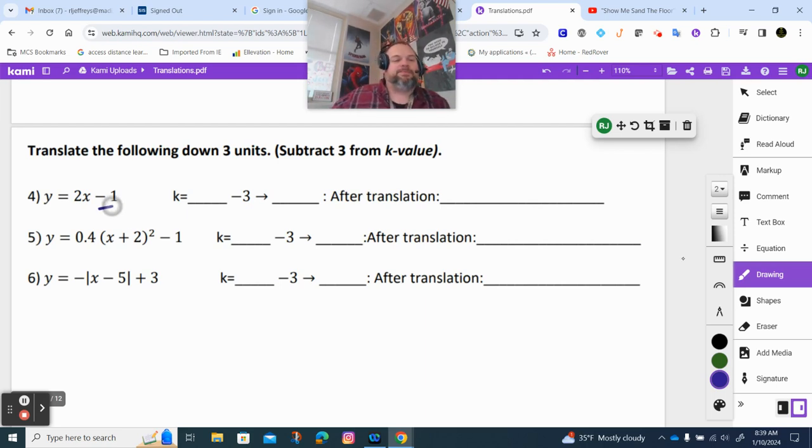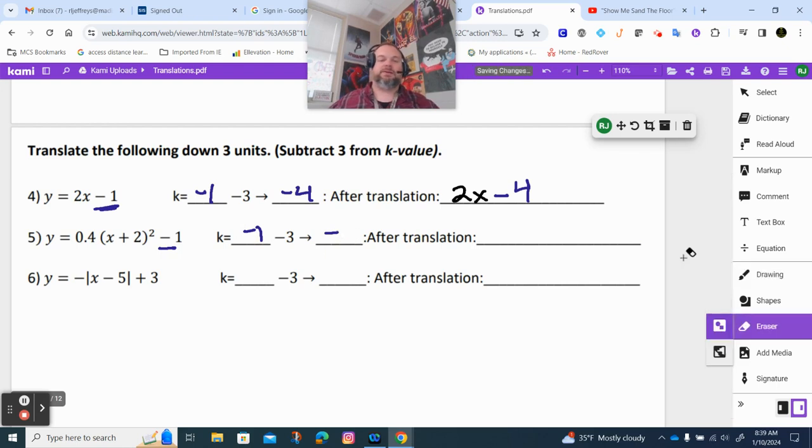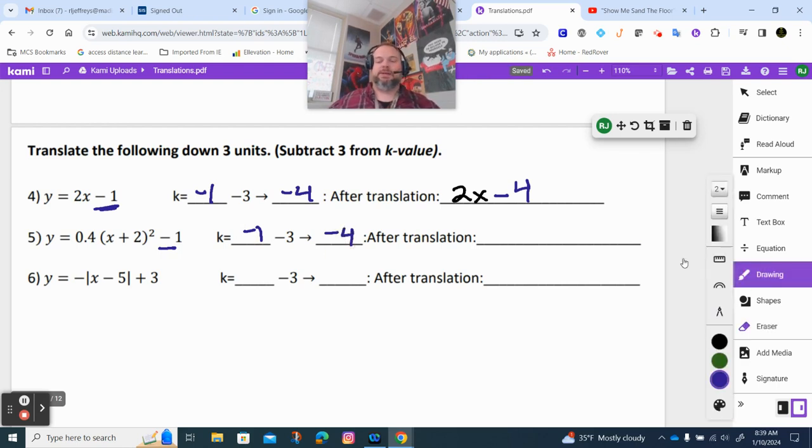All right. So, number 4, K value. K value is -1. -1 minus 3 is -4. Then 5 has the same K value, so we're going to get the same thing, except, oh my gosh, the answer was right there, and I wrote the wrong answer.